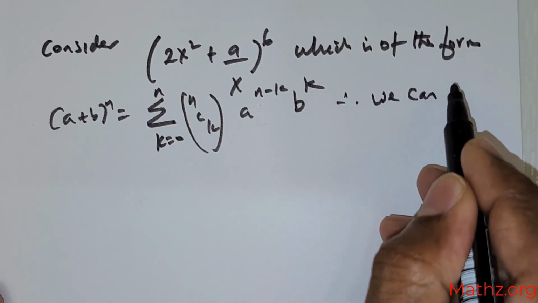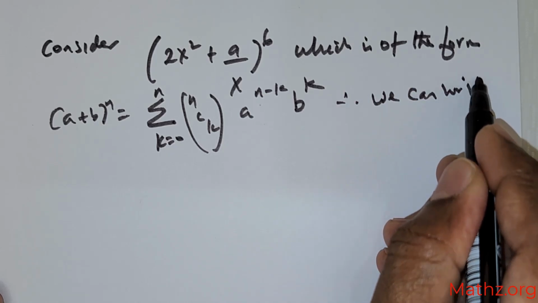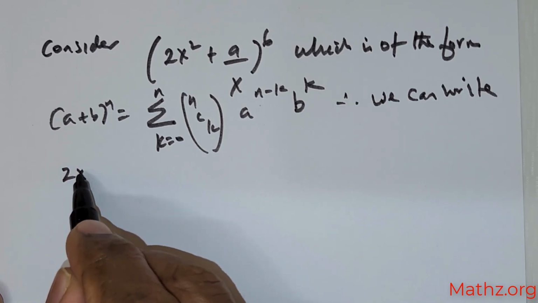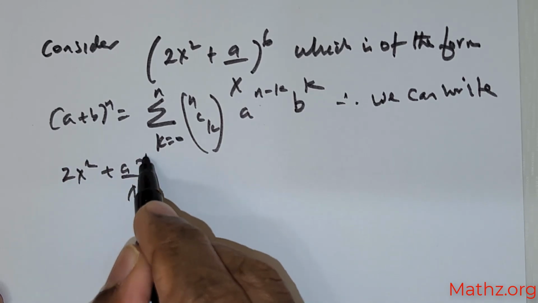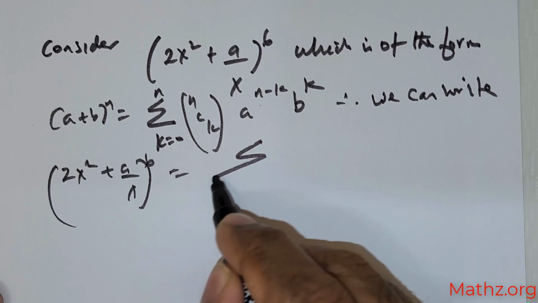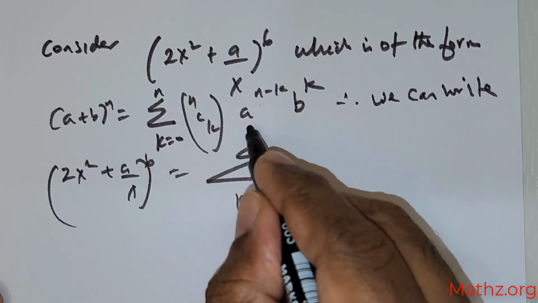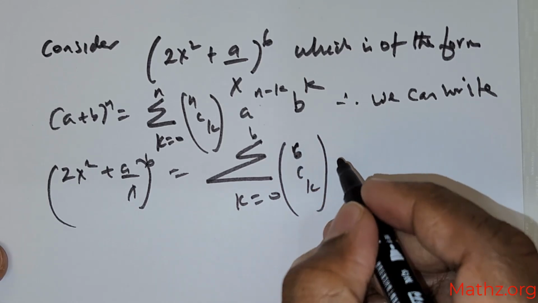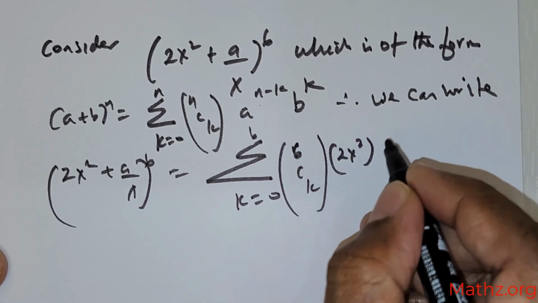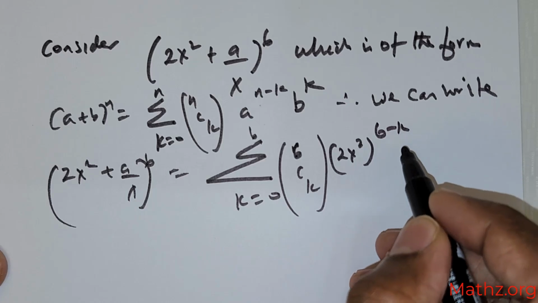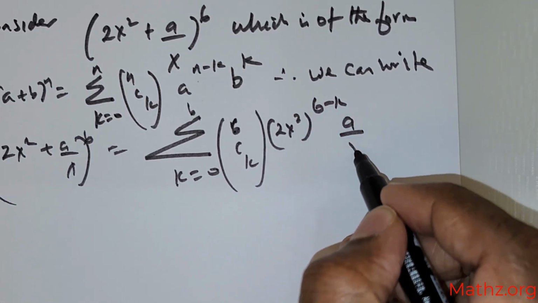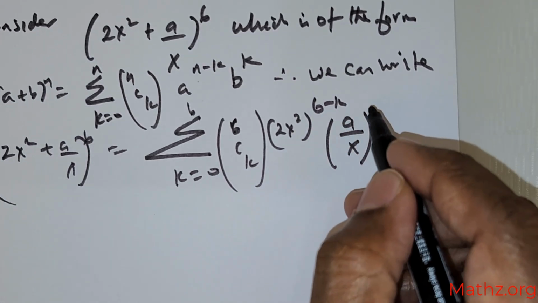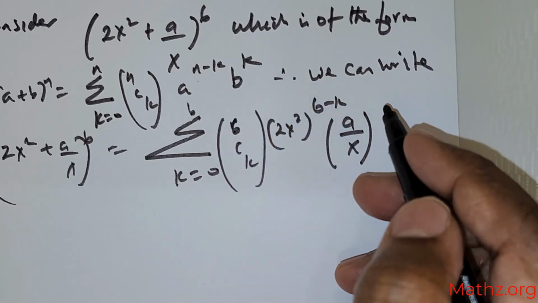Therefore we can write (2x² + a/x)^6 as the sum from k = 0 to 6 of 6Ck times (2x²)^(6−k) times (a/x)^k.